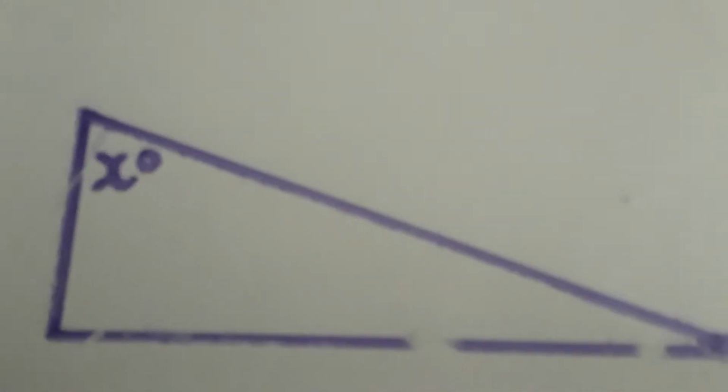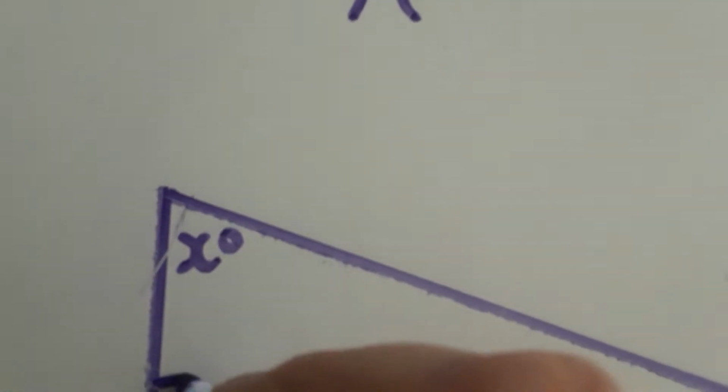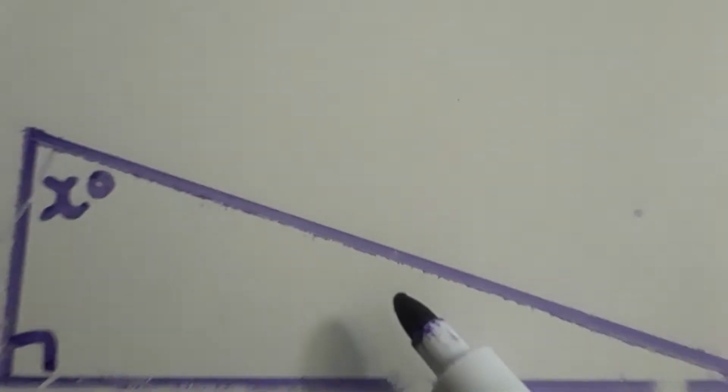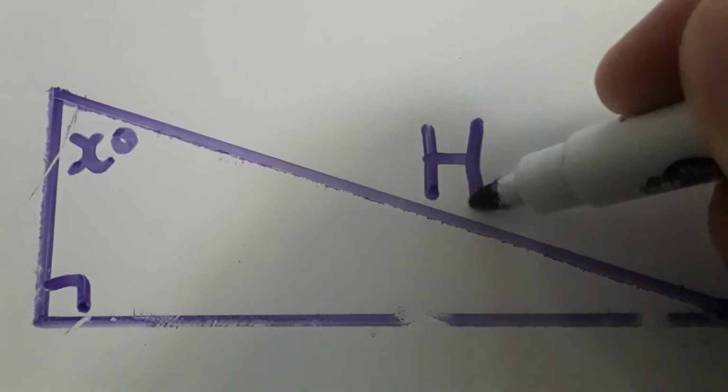You can see that the angle in question has moved up to the top. So first thing we're going to do is look for the side that's opposite the 90-degree angle. It's always the longest side, labeled the hypotenuse.